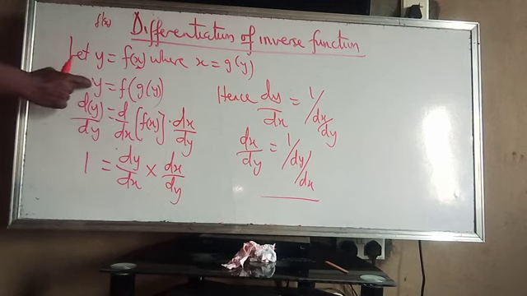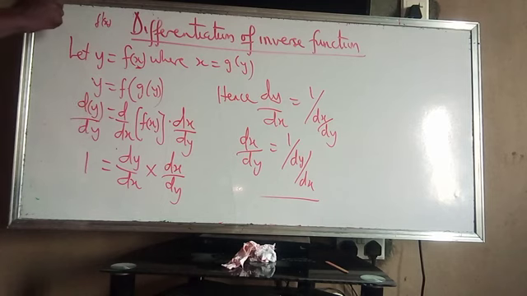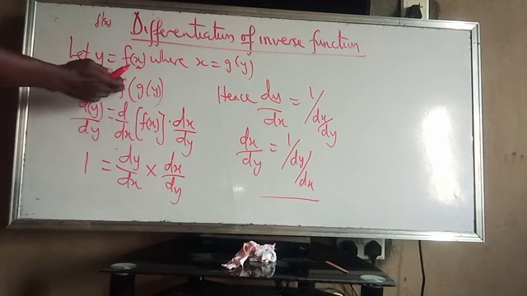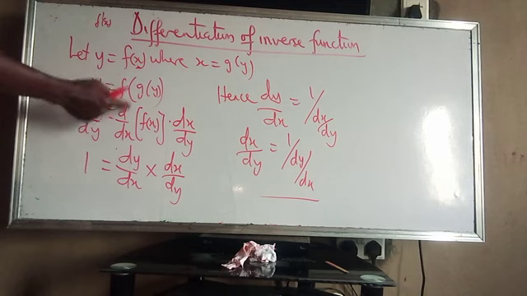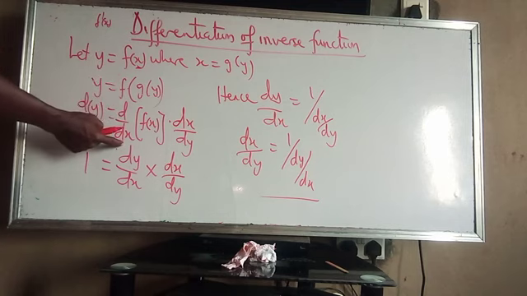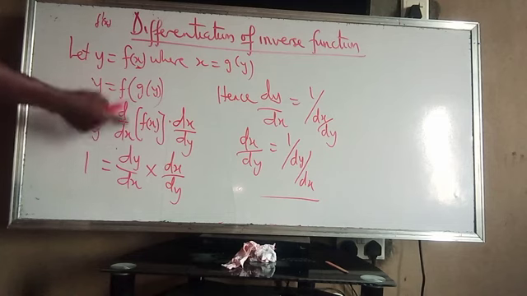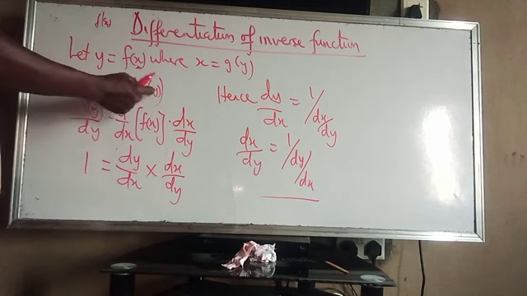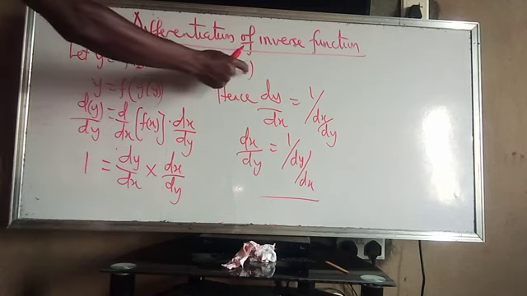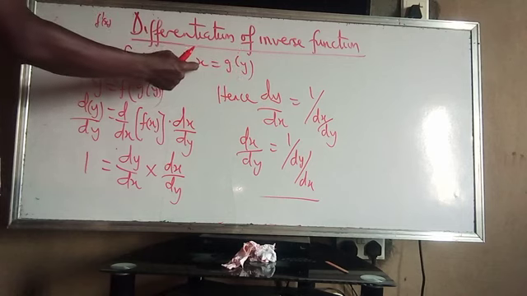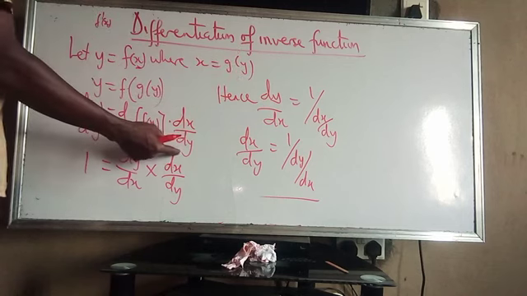So we have dy/dy equals d/dx of f of x, because it has a variable of x, multiplied by dx/dy. I hope you understand.